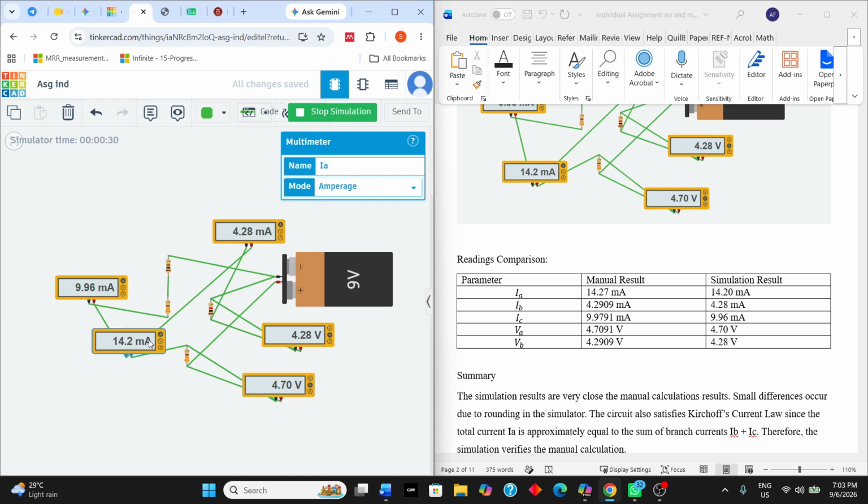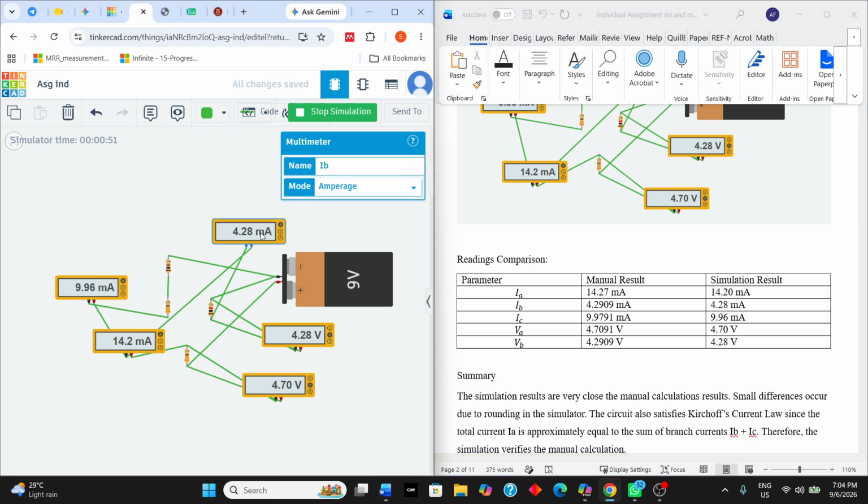For this IA we can see 14.2 milliamperes. Compared to our manual result of around 14.27 milliamperes, it's a little off, but it's still in range.